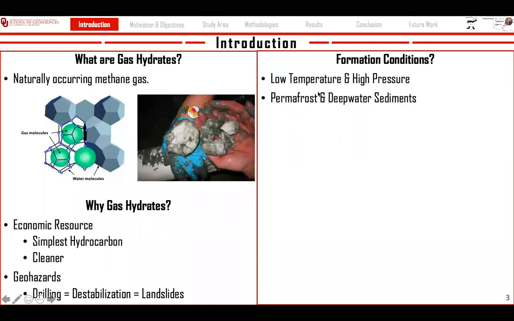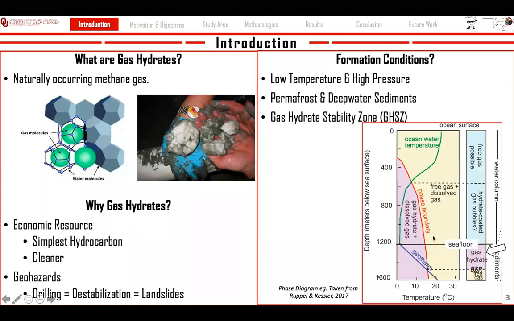The formation conditions for gas hydrates include low temperature and high pressure, in locations beneath the permafrost, as well as the shallow subsurface in deep water continental sediments. Gas hydrates form within what is known as the gas hydrate stability zone.